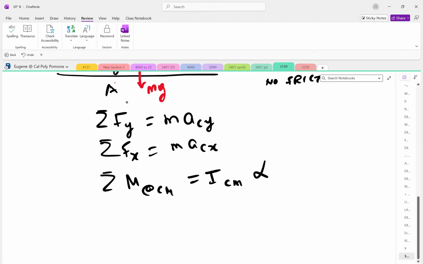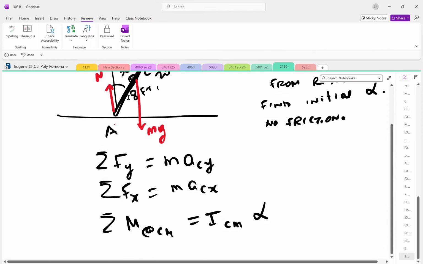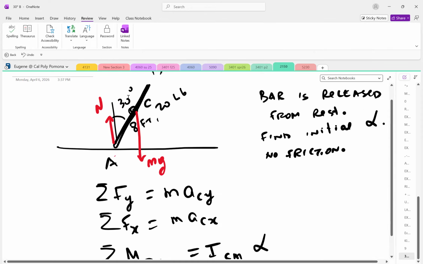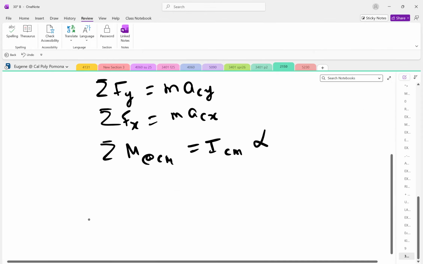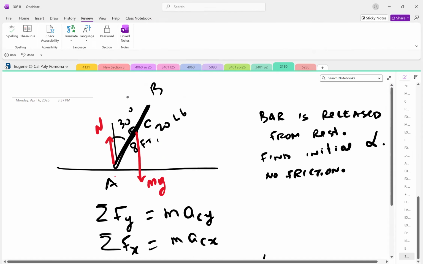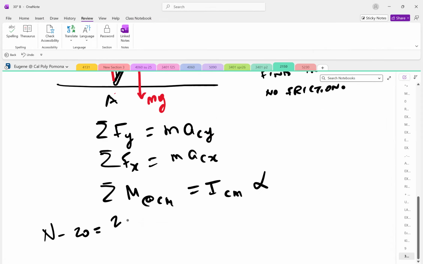Version 2: N minus mg, and the mg is 20 pounds, equals 20 pounds over g, 32.2, times a_Cy.